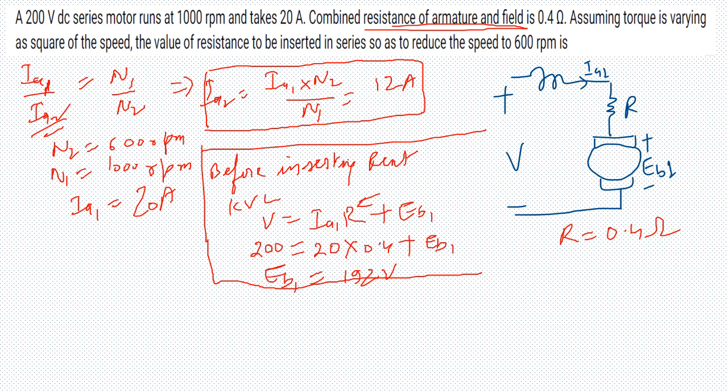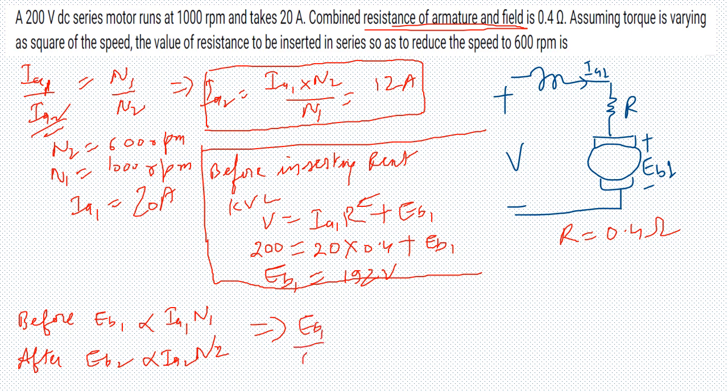Let us see what EB1 is proportional to. EB1 is proportional to IA1 N1, and after inserting the resistance, EB2 is proportional to IA2 into N2. So EB1 over EB2 is equal to IA1 N1 over IA2 N2.